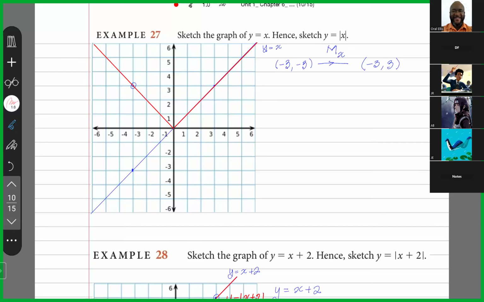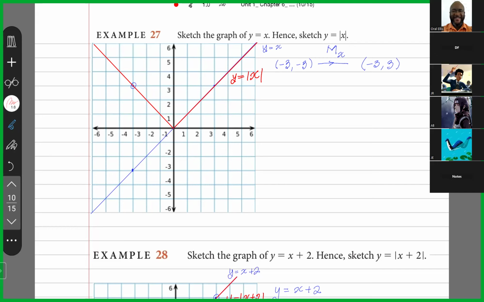The graph in red is the graph of y is equal to the mod of x. So again, we can get the graph of y is equal to the mod of x from the graph of y is equal to x by reflecting the section of the graph that is below the x-axis above the x-axis, with the x-axis being the mirror line.